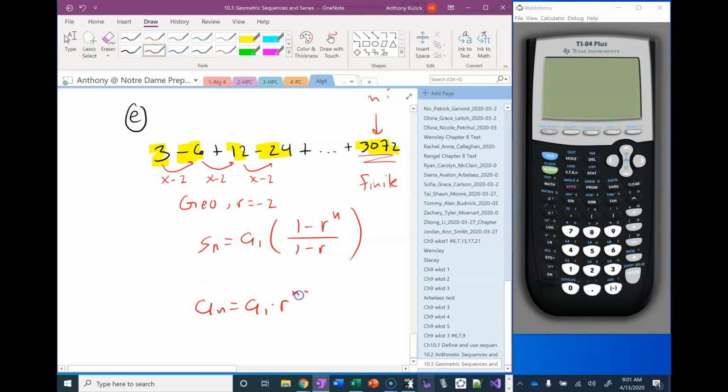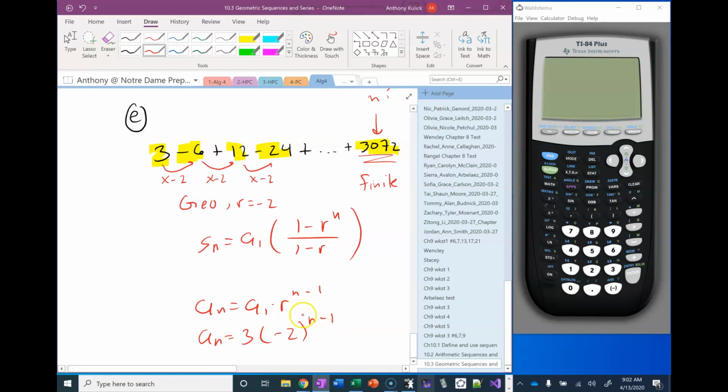I know the geometric sequence a sub n equals the first term times the constant ratio to the n minus 1. So I have 3 times negative 2 to the n minus 1.